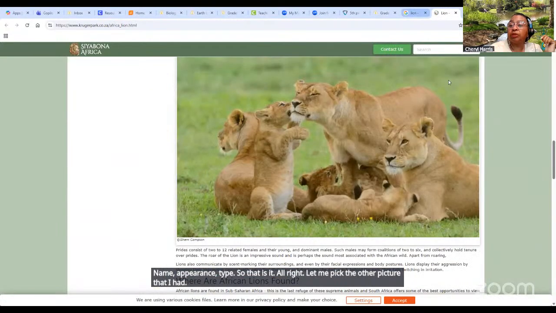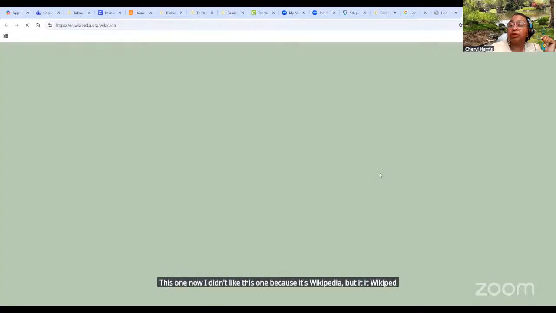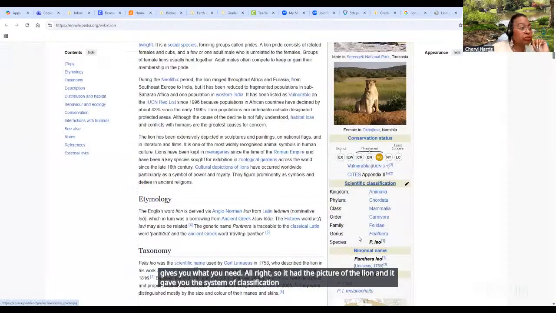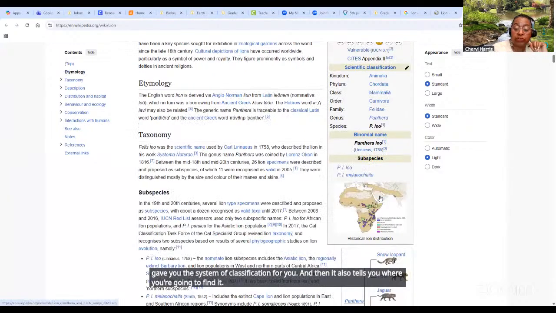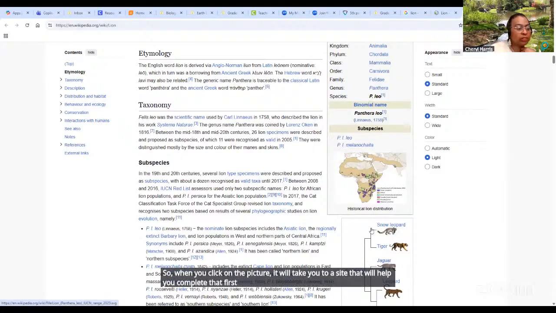Now, I didn't like this one because it's Wikipedia, but Wikipedia gives you what you need. It had the picture of the lion and it gave you the system of classification. It also tells you where you're going to find it. When you click on the picture, it will take you to a site that will help you complete that first slide. So this is the classification.